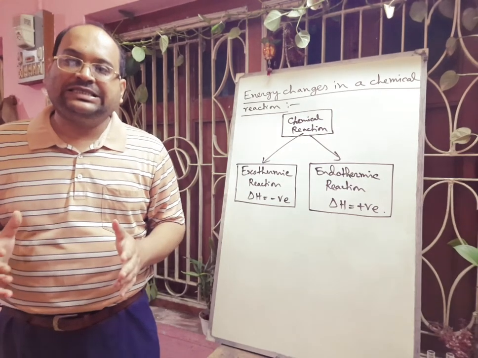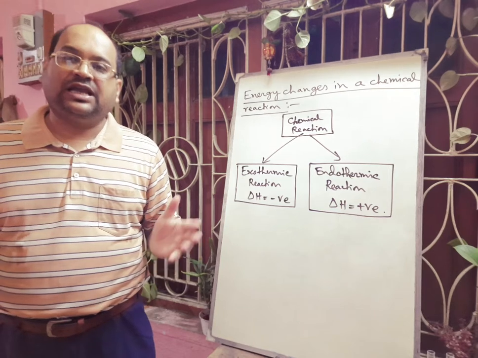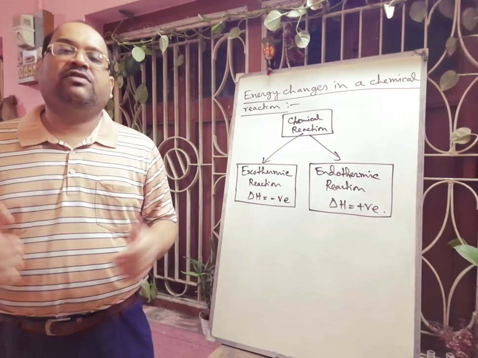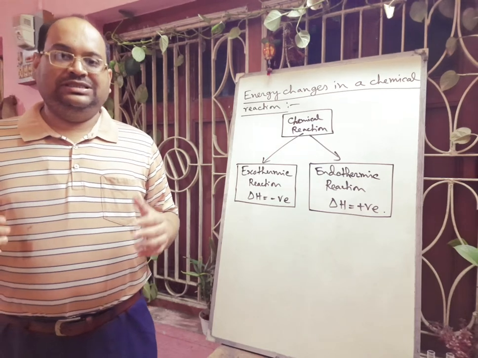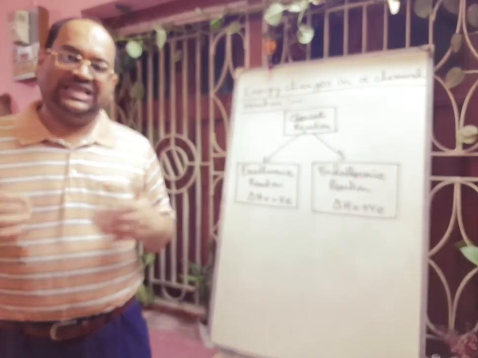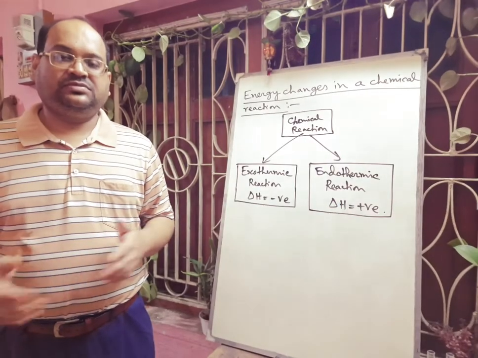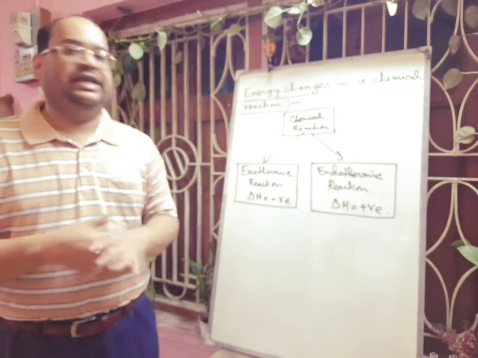An exothermic reaction is one in which energy is given to the surroundings, usually in the form of heat, and the temperature of the reaction mixture increases, so delta H is negative.